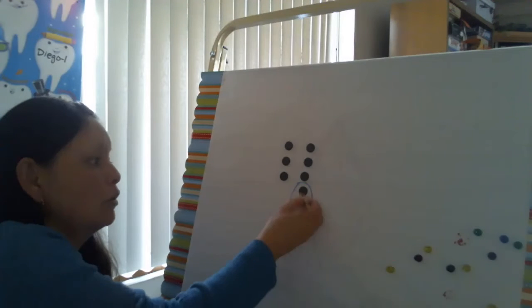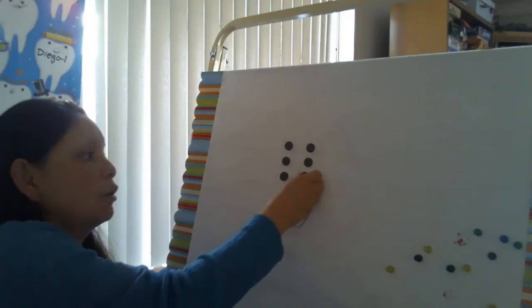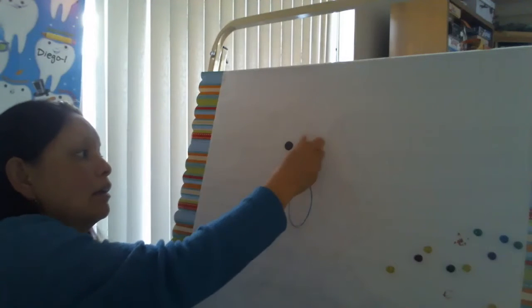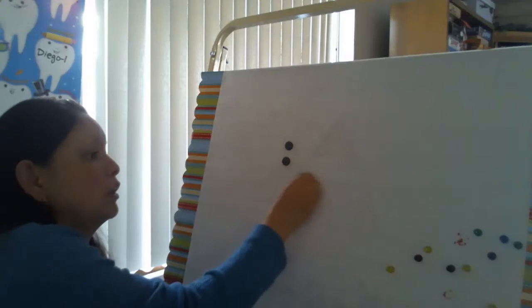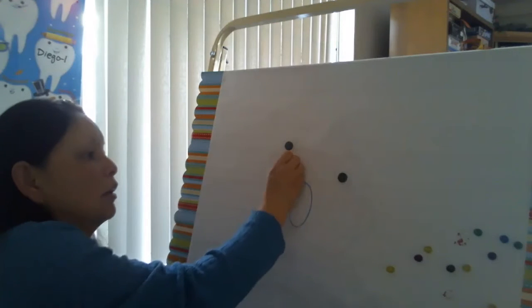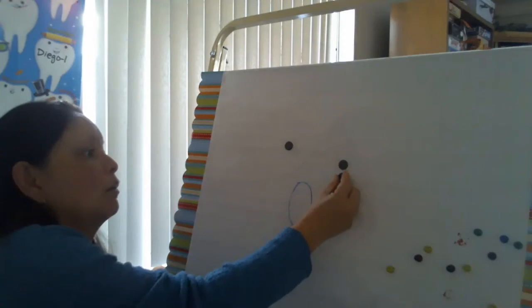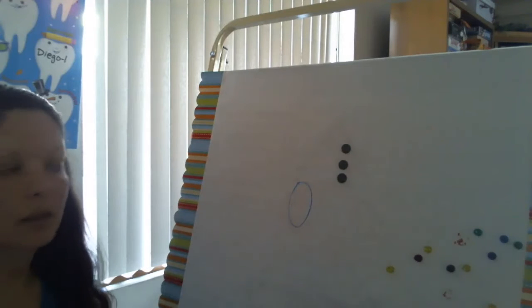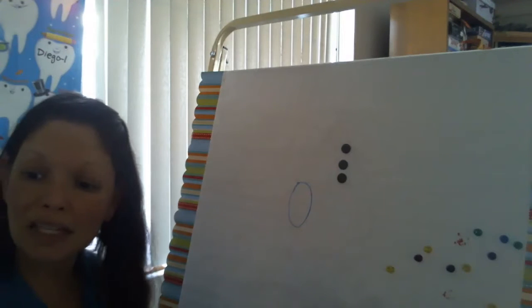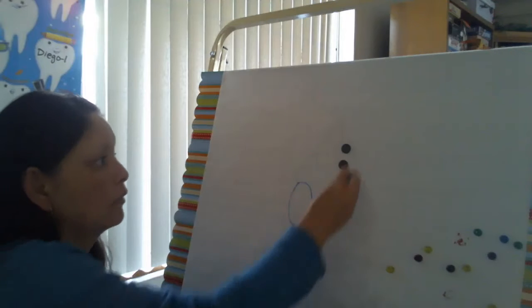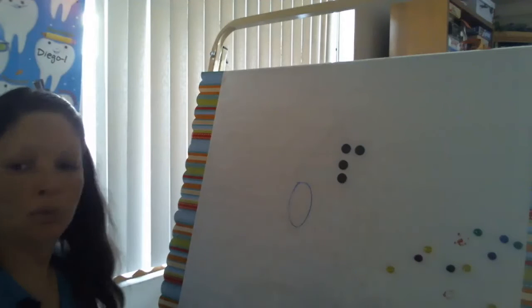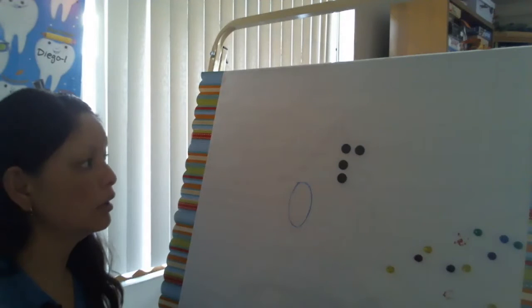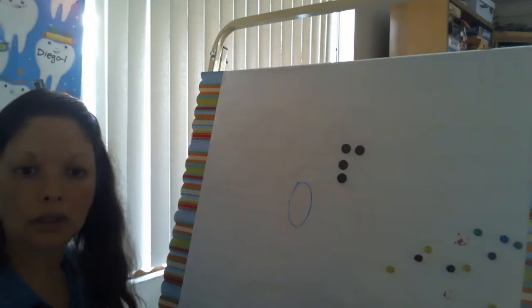Okay? But if we want to talk about less than, let me do it over here where we're not writing. I don't have any writing. 3, if I want to have less than 3, is 1 smaller than 3 or less than 3?